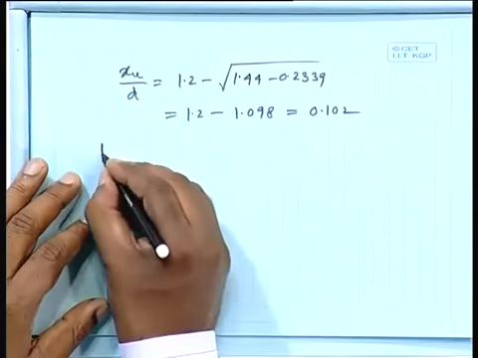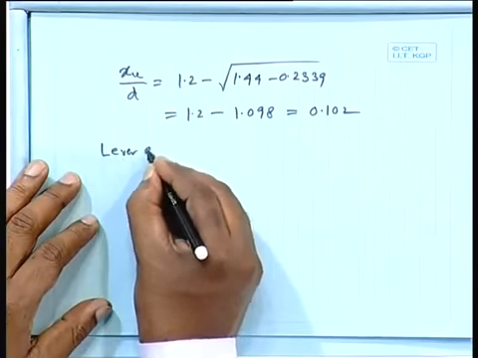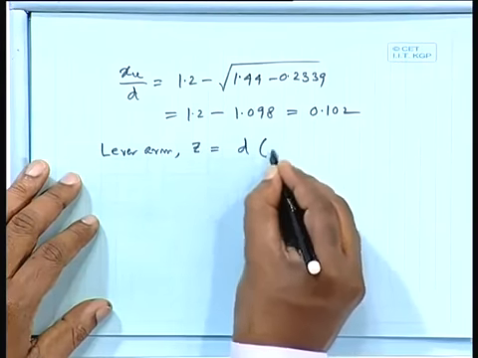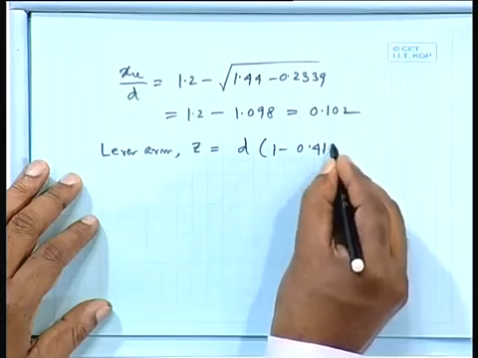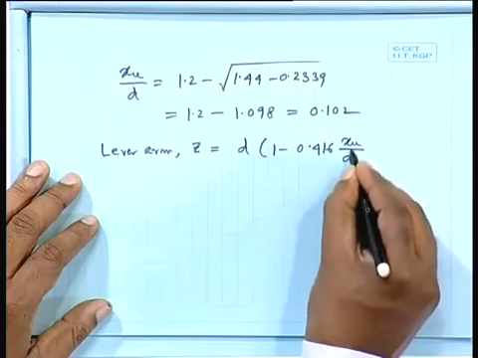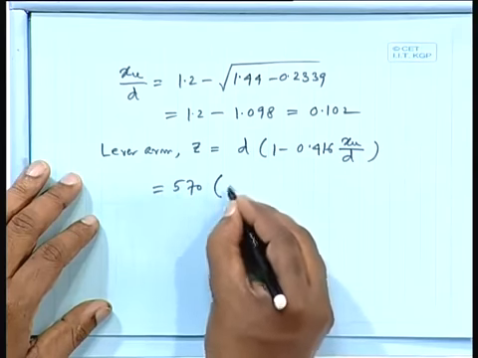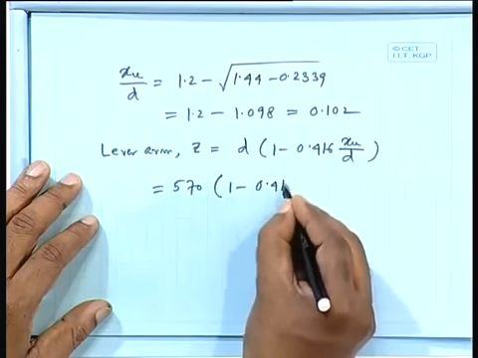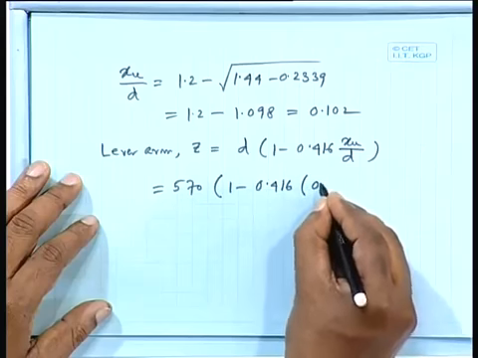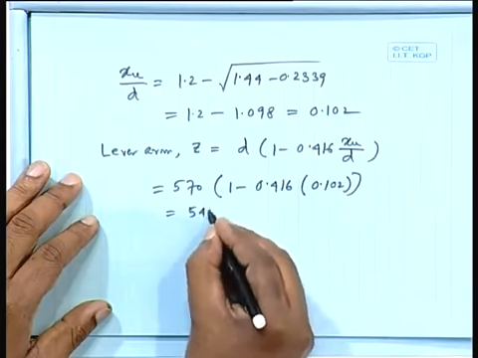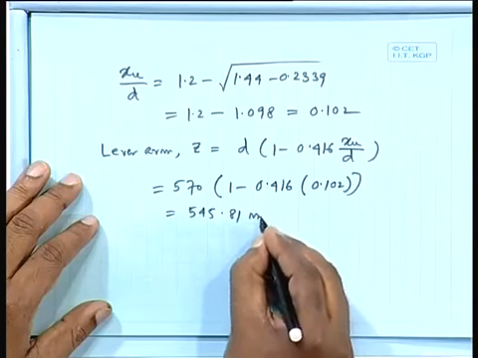So lever arm Z equal to d minus 0.416 xu by d equals 571 minus 0.416 times 0.102 equals 545.81 millimeter.